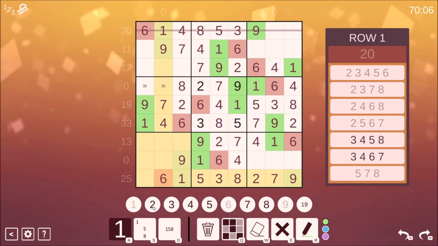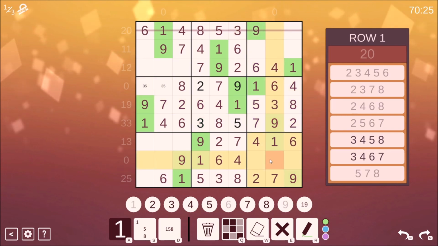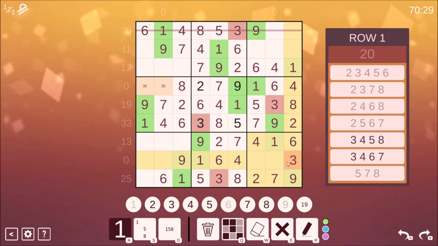Now we still need a 2, 3, 4, 5, 7, 8. We finished with our 1s, our 6s, and our 9s. So, let's see. Over here in box 9, a 3 cannot go here because of the 2 and the 4. The 3 is blocked out of here, so we have a 3 down here. That gives us a 3 up here.